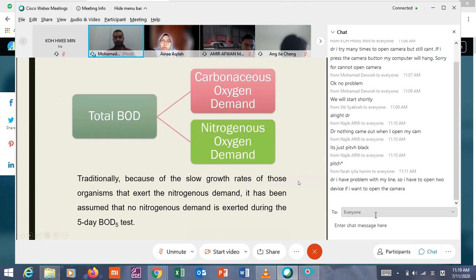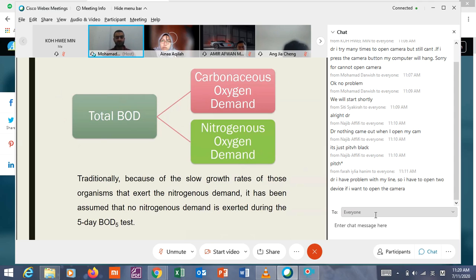So basically, total BOD has two categories. First, the carbonaceous oxygen demand, and second, the nitrogenous oxygen demand.